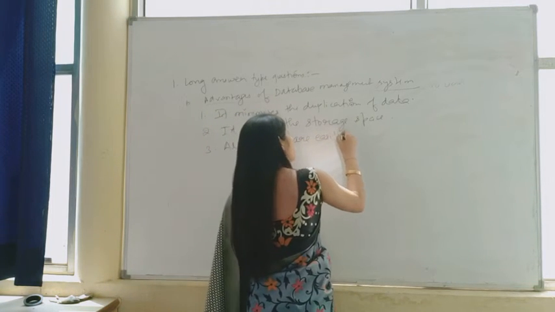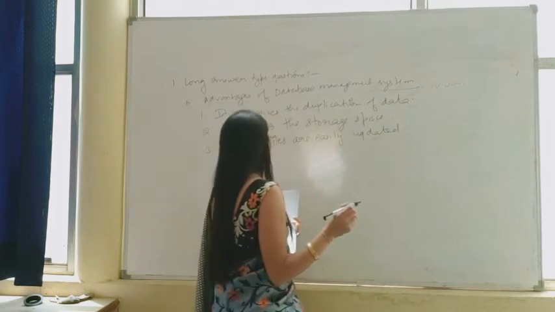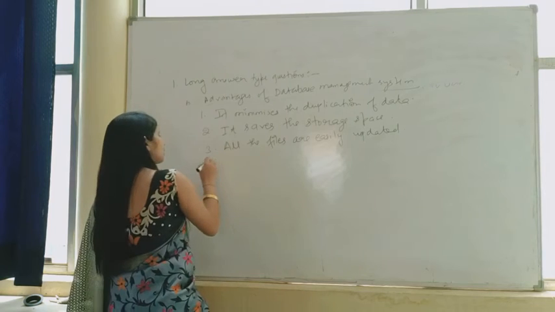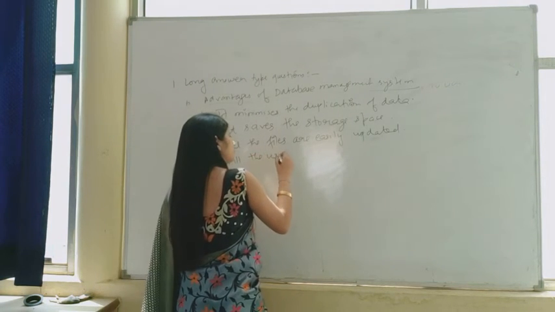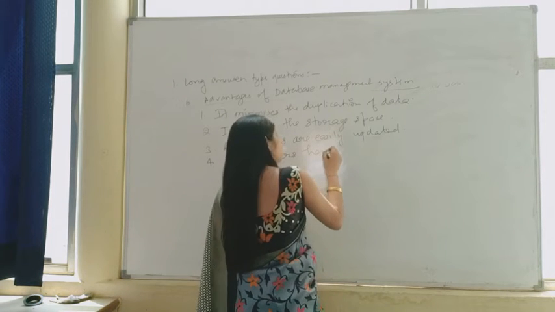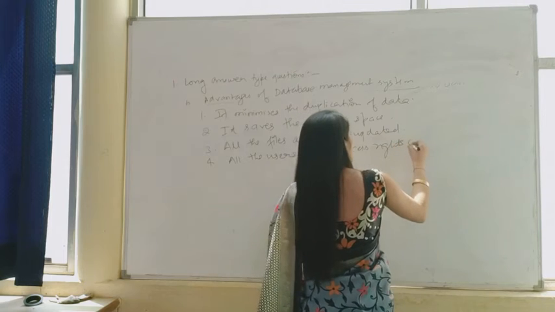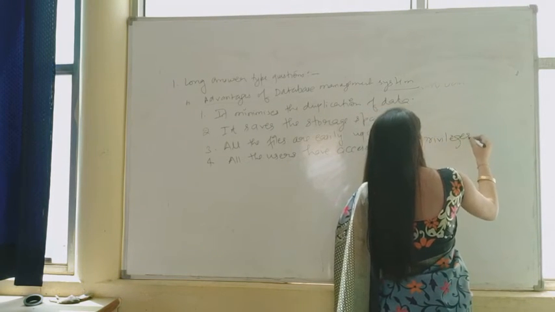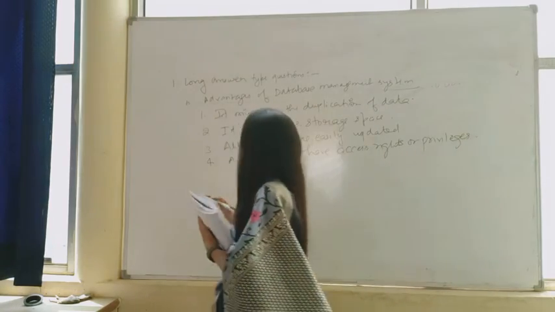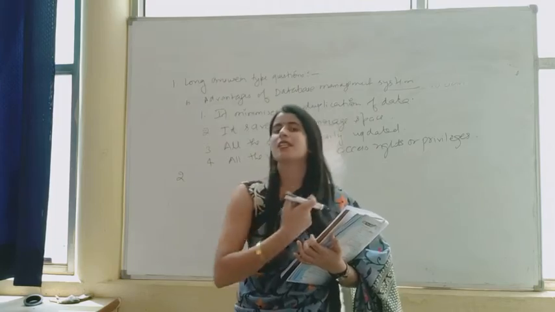Means in DBMS we can update the files very easily. Next one is, all the users have access rights, or you can say privileges. Privileges means facilities. The users that are using the DBMS have some privileges to access it.